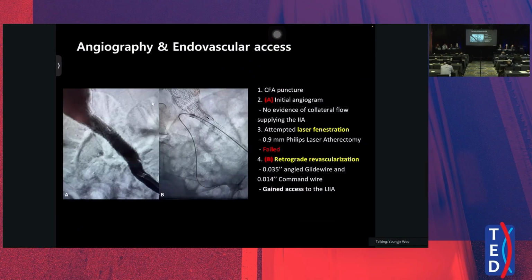And the initial angiogram showed absolutely no collateral flow to the internal iliac. So we first tried a laser fenestration to reach the internal iliac, but we failed, so proceeded with some retrograde revascularization. Using an angled Glidewire and a Command wire, we carefully navigated between the pre-inserted stent graft and the native arterial wall, successfully gaining access to the left internal iliac.